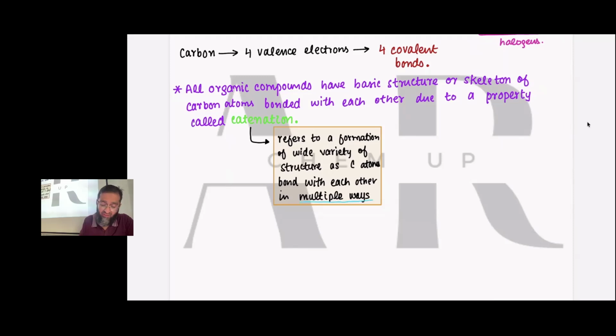In these multiple ways, it means unbranched long chain structures, branched chain structures, and cyclic or ring structures.